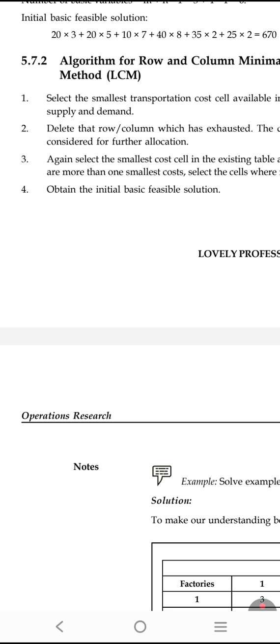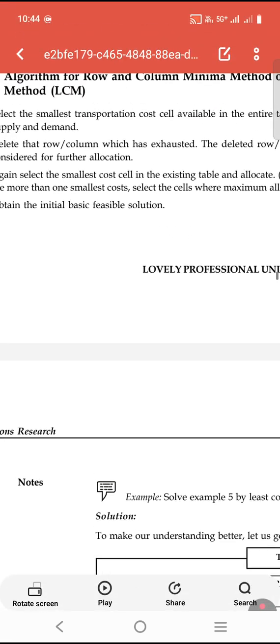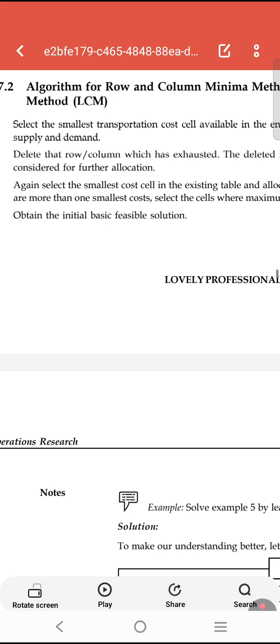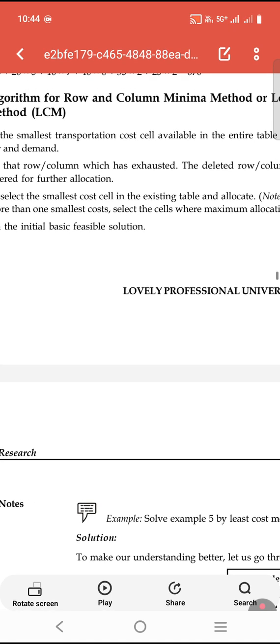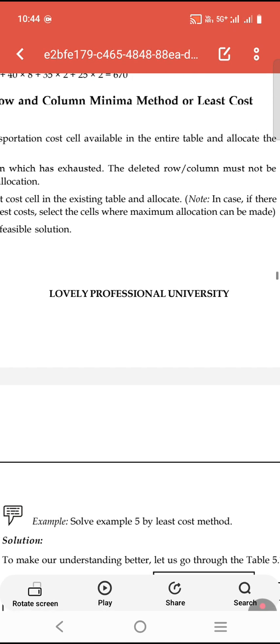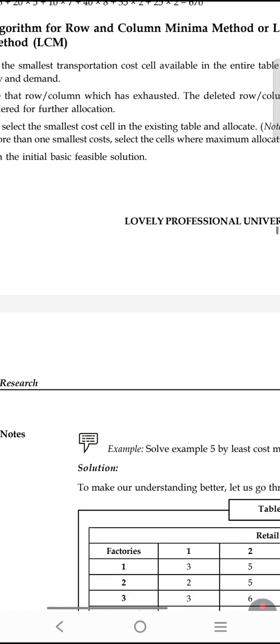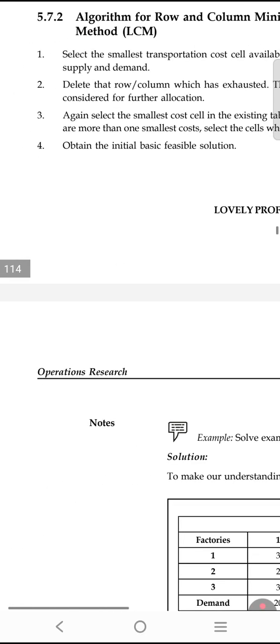In the transportation cost matrix, select the smallest transportation cost cell available in the entire table and allocate the supply and demand.